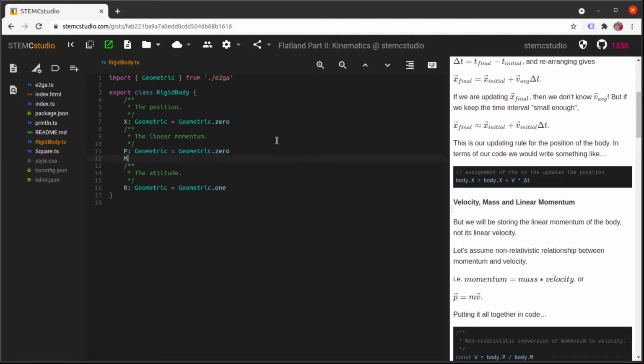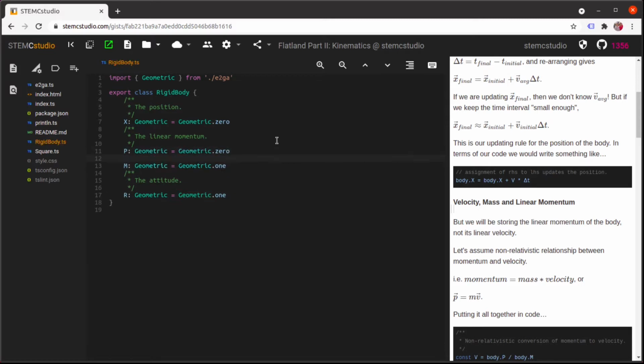So we're going to use big M, the total mass of all of the different little mass points in our object, assuming it's discrete, or just summed up or integrated if it's not. So here's geometric. What would be a good value for the mass? Well, we don't want to get a division by 0 when we divide the momentum by the mass. So I think a good choice would be 1.